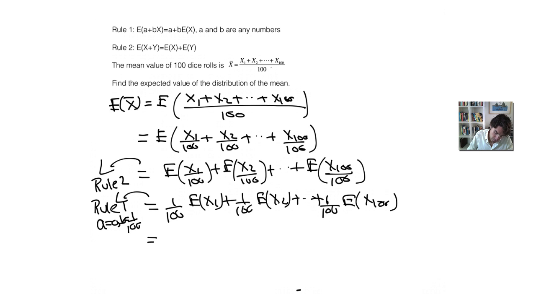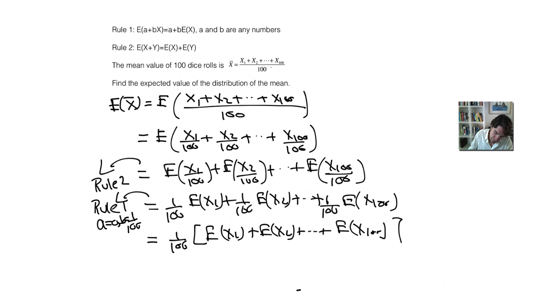Just rearranging this, this is 1 over 100 times the expected value of x1 plus the expected value of x2 plus ... plus the expected value of x100.